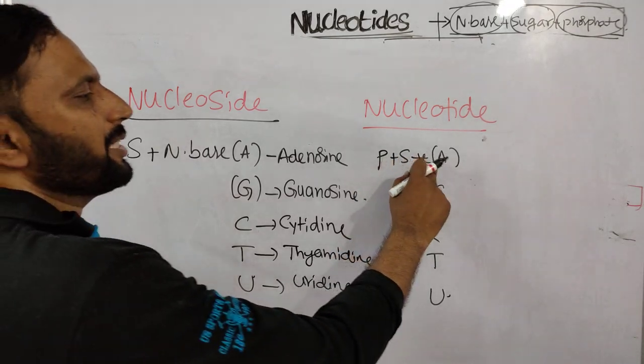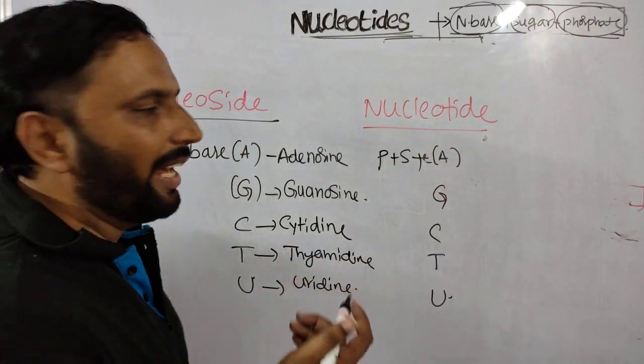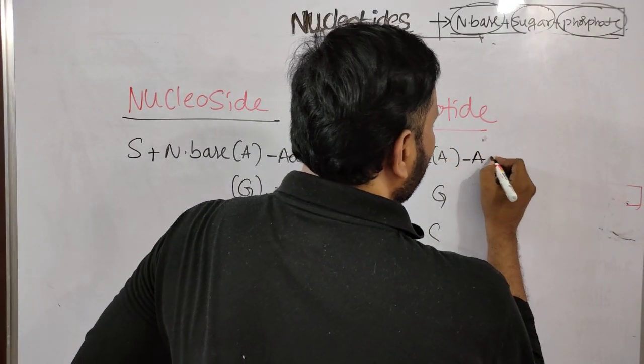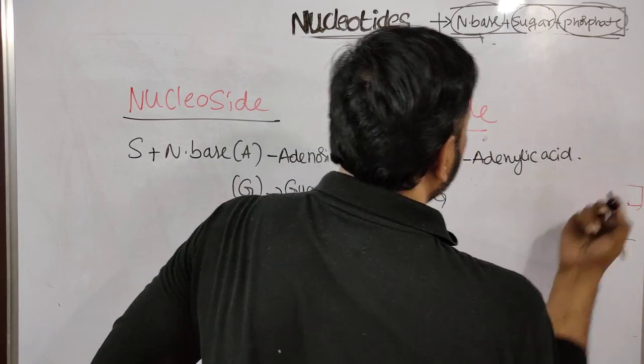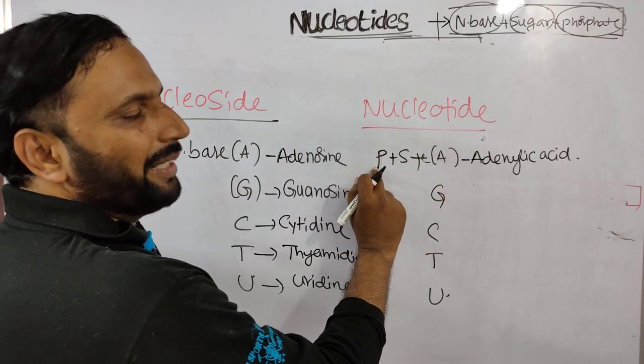Whereas sugar plus phosphate plus adenine is called adenylic acid. It is acidic in nature because phosphate is present.